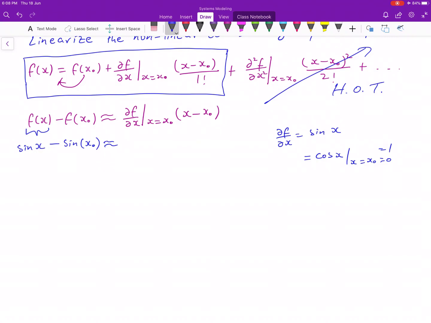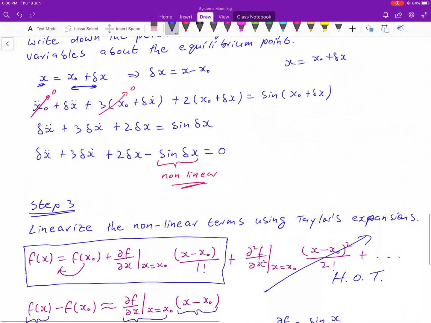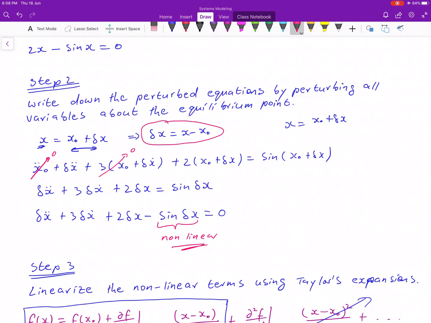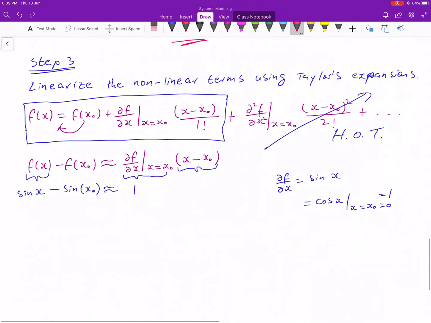And this part, as you can see from here, we called it delta x, so I can just say delta x, x minus x naught.